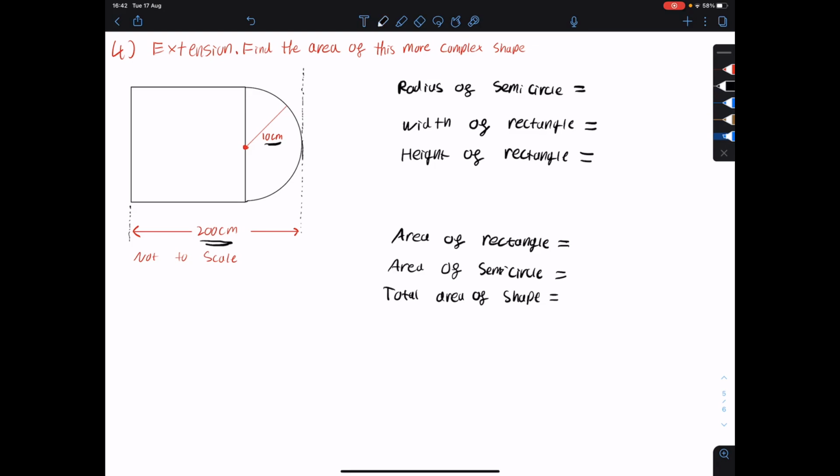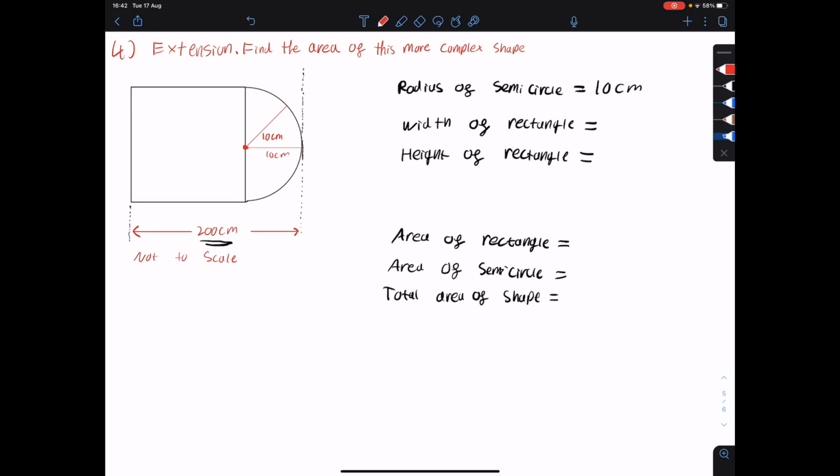Okay, so first of all, the radius of a semicircle. Well, we can see that the radius of a semicircle is just 10 centimeters. We can just get that directly from our diagram. The width of the rectangle, well, as the radius stays constant from the center point to the edge of the circle, we know that this line is also going to be 10 centimeters.